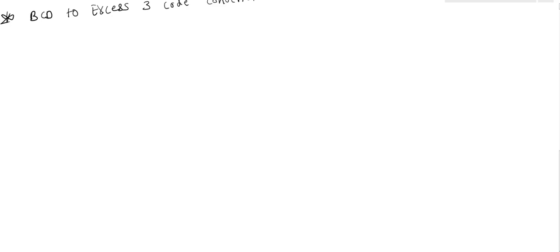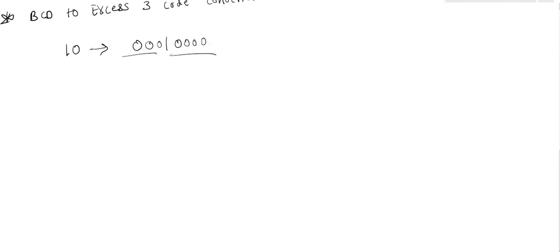4-bit BCD values D0 to D3 we are going to consider. While converting a BCD number into XS3 code, we are going to use the 4-digit BCD value. Because we know that the value 10 is represented in BCD form as 0001 0000.